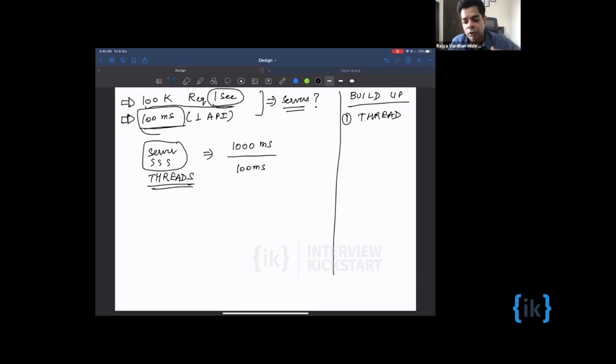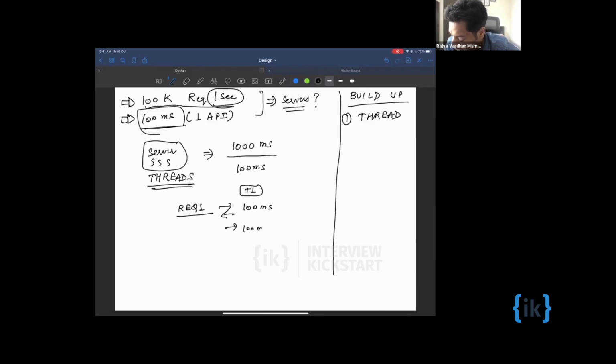Threads are working constantly; they do not take a break. So request one comes to this thread, let's say it's named T1, thread one. The request comes, it takes 100 milliseconds for the request and the response. Once this is done, it will get another request.